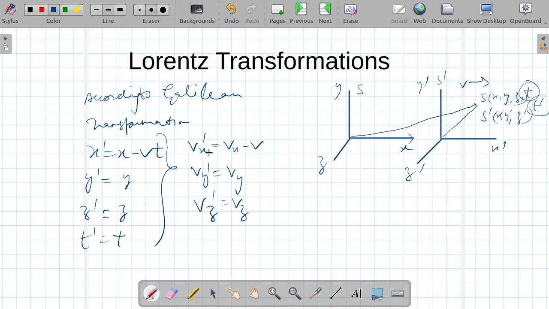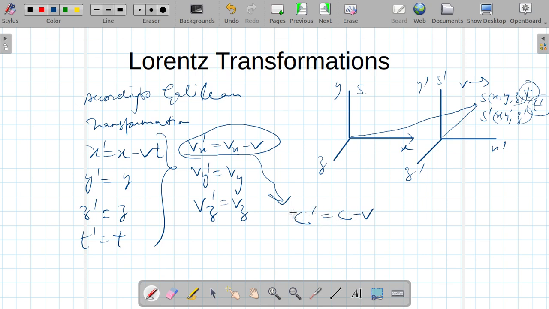Thus we see that from this equation, means if we are observing the light coming from a source and its velocity will be c, so that means in moving frame of reference, according to Galilean transformation, it seems to be c prime, and c is the rest frame of reference, and v is this one.